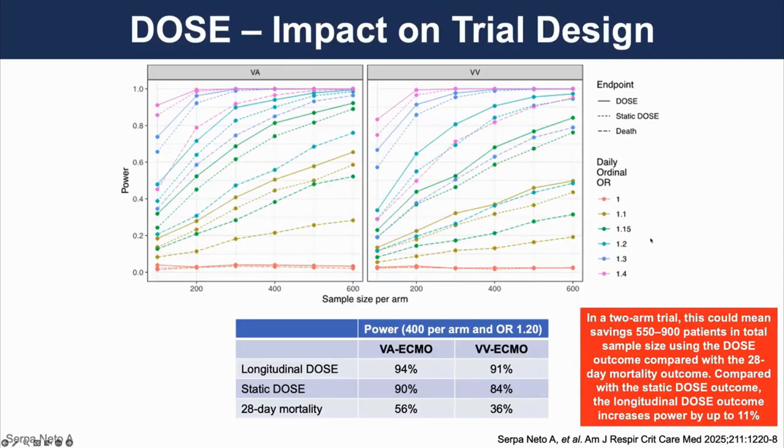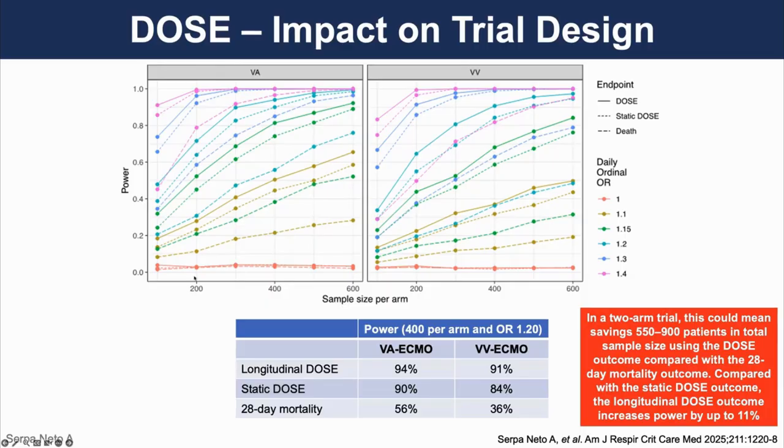As you can see here, the daily odds ratio, or the longitudinal DOOR, always results in higher power than other comparisons. So let's use the purple ones here. The solid line here is the daily odds ratio, the daily DOOR. The dashed and dotted lines represent the static DOOR, and they represent simply mortality as we use.